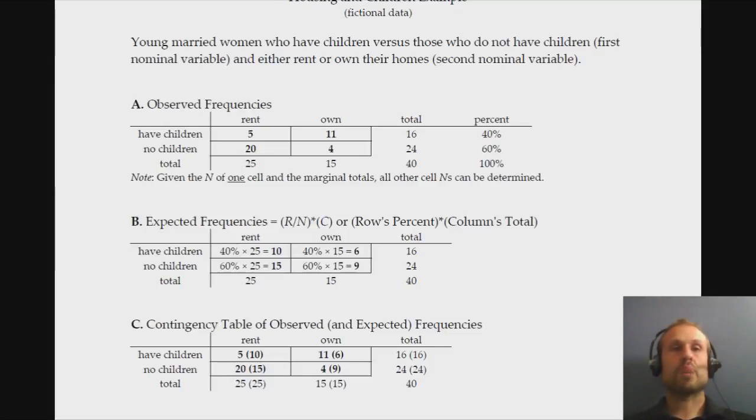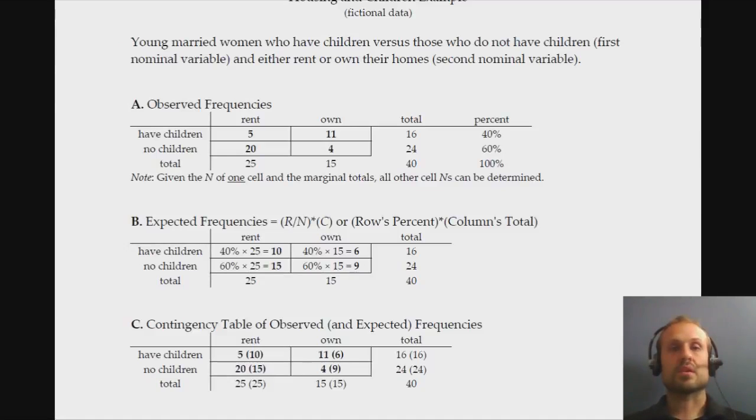And I'm going to compare the observed frequencies, the observed numbers, to what I would expect under what will be the null hypothesis that these variables are independent.